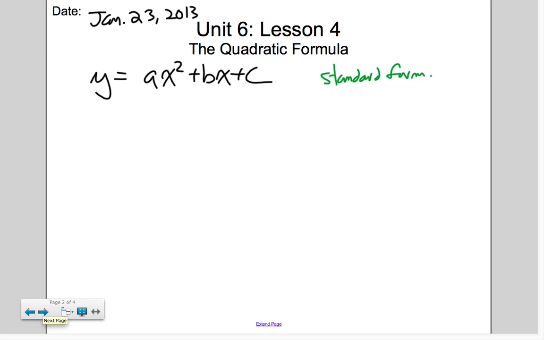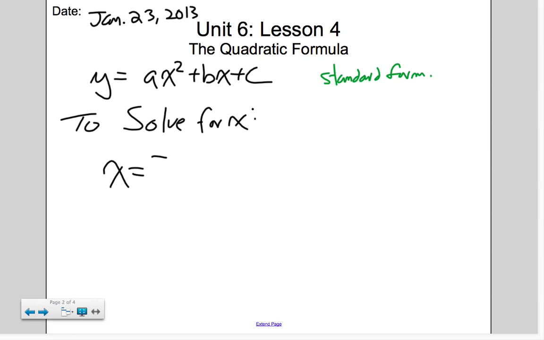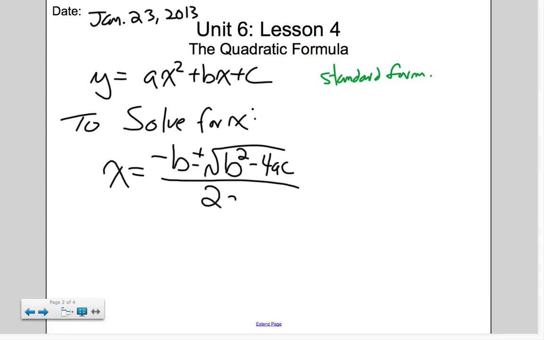When you have a quadratic in this form, to solve for x, you can actually prove that x is equal to minus b plus or minus the square root of b squared minus 4ac, over 2a.